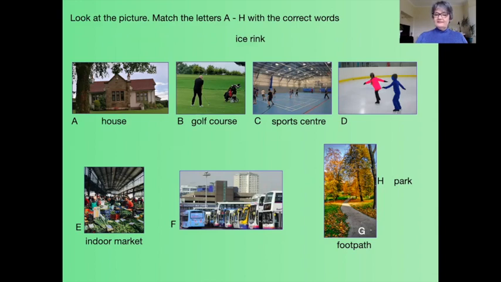Ice rink. That's D. And the last one, do you know what the picture is? It's a bus station. F, bus station.